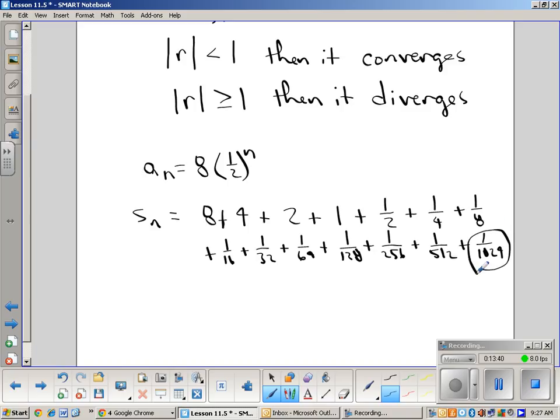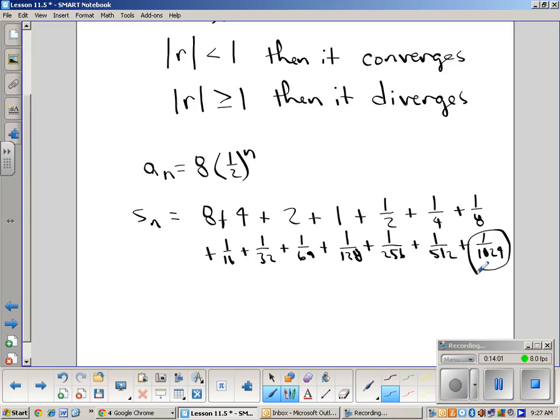I'm dividing by 2 each time. I'm multiplying by half each time. It's a common ratio. But what's happening to the value of that number? It's getting technically smaller, but the bottom number is getting bigger, making the value of the fraction smaller. What number is that approaching? 0.